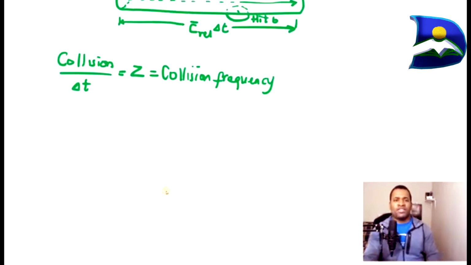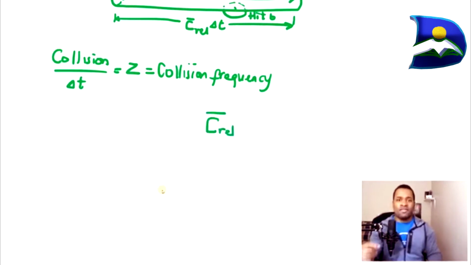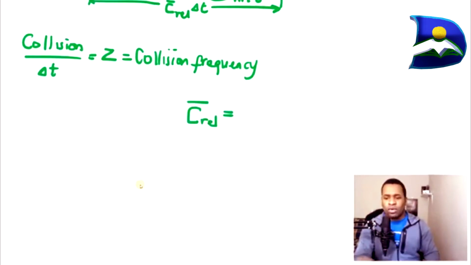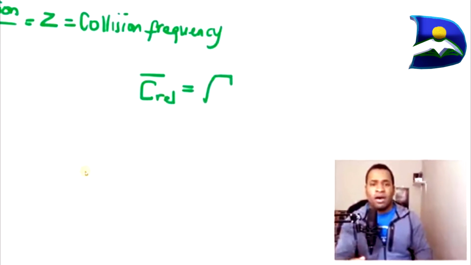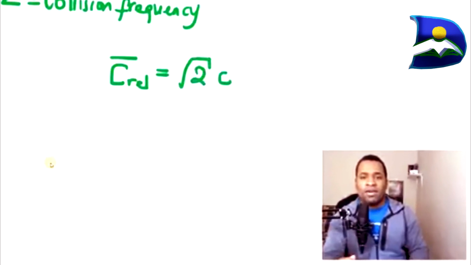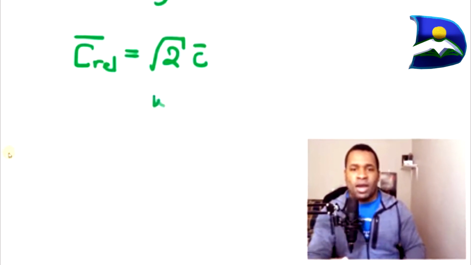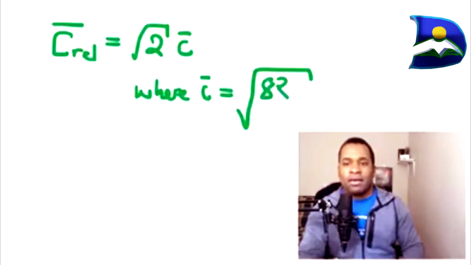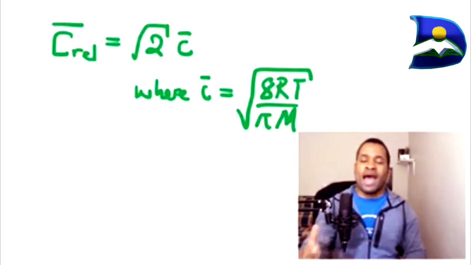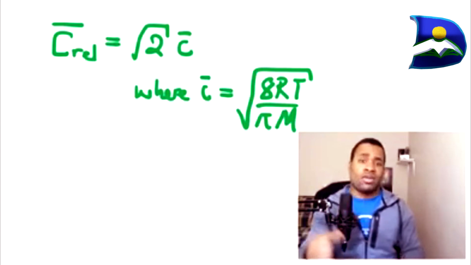We need to notice that our relative mean speed is equal to the square root of 2 multiplied by the mean speed, where the mean speed is expressed as the square root of 8RT over piM, where the big M is the molecular weight of that particular gas molecule.